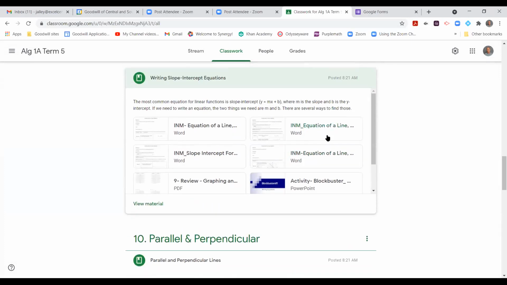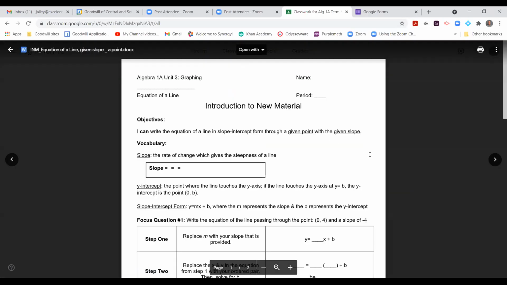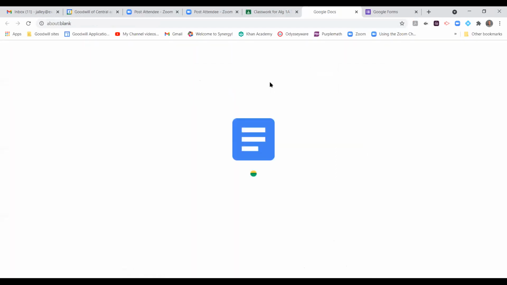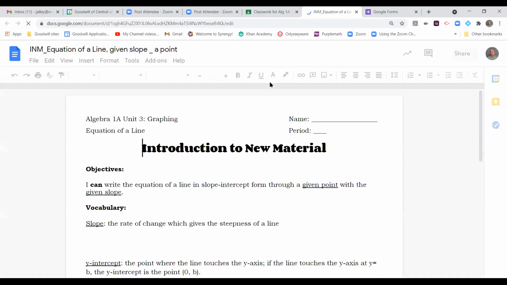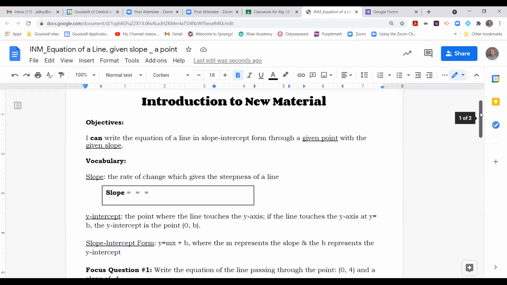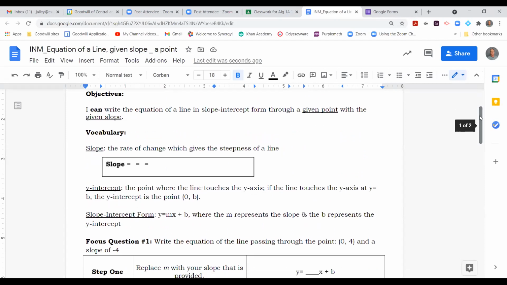All right, now comes the third variety. Slope-intercept.